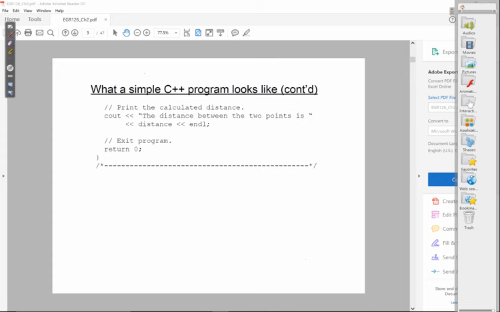Then you have less than again, and then the variable distance. Remember, the variable distance now has some value, the result of that square root. So the result of that square root shows up on the screen, and then you have less than end line, which just brings the cursor onto the next line. And that will give you a nice little message to display on the screen to show the result.